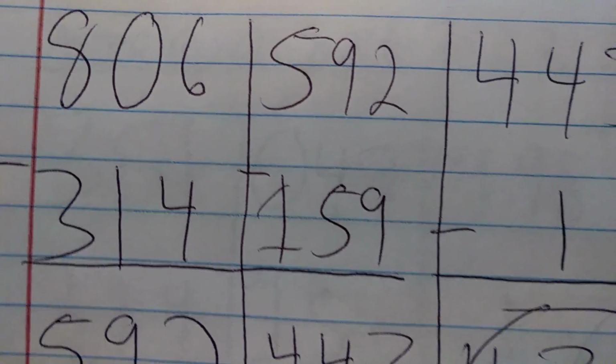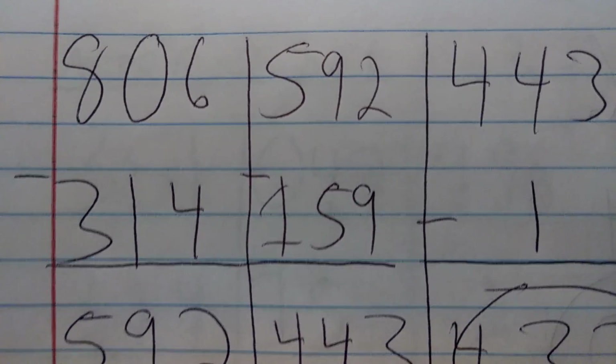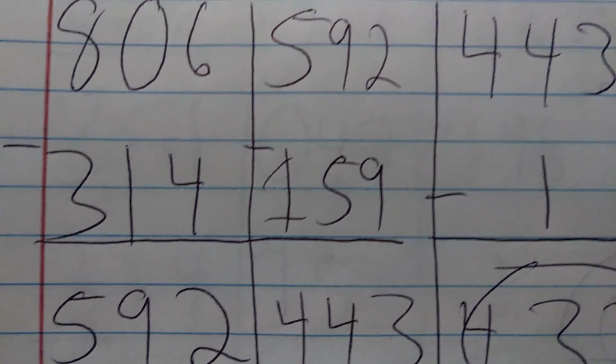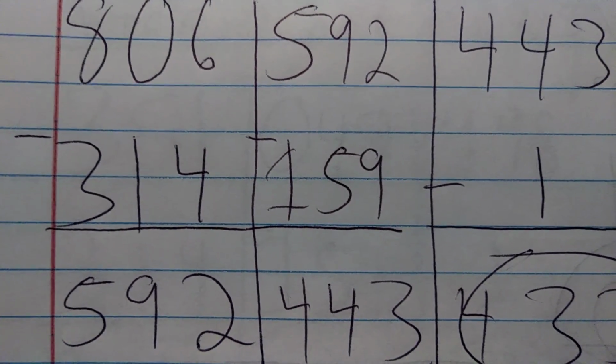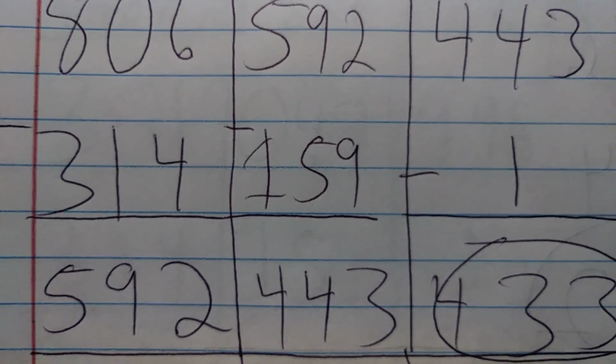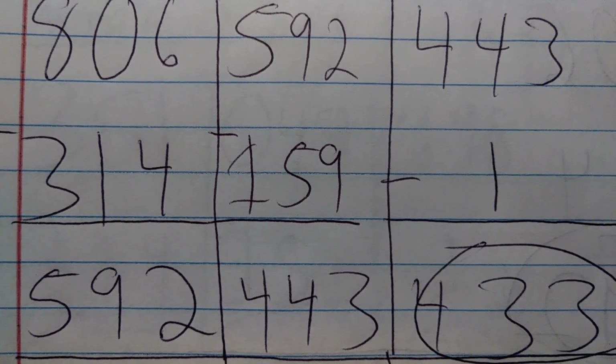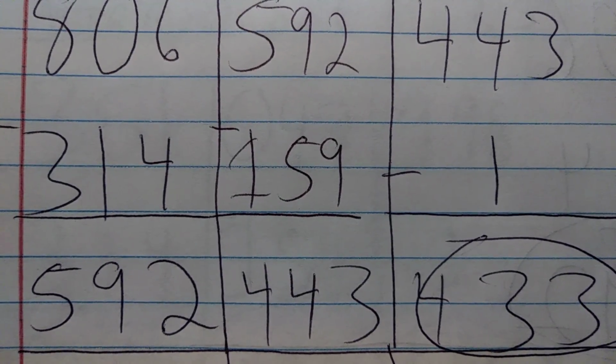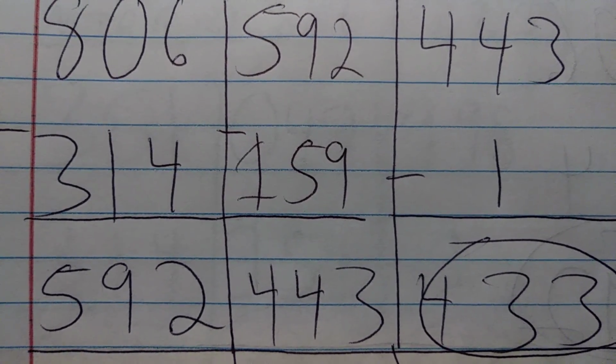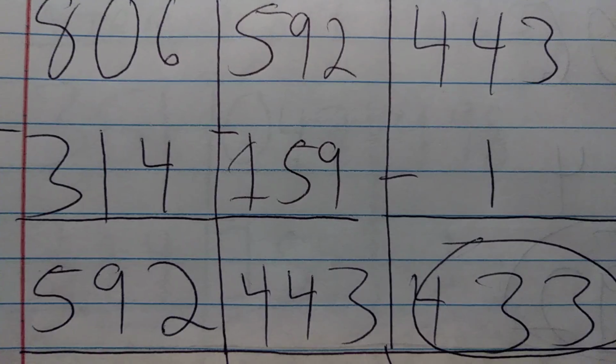Okay, and then you're going to take the 806, subtract off 314, so we already did that math there, so that's 592. You're going to subtract off 159, so 5 minus 1 is 4. 9 minus 5 is 4, and then 12 minus 9 is 3.